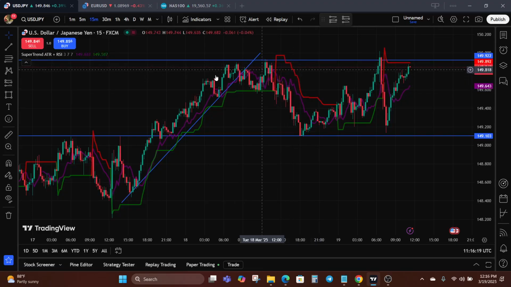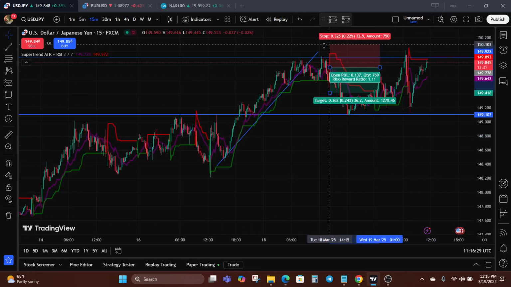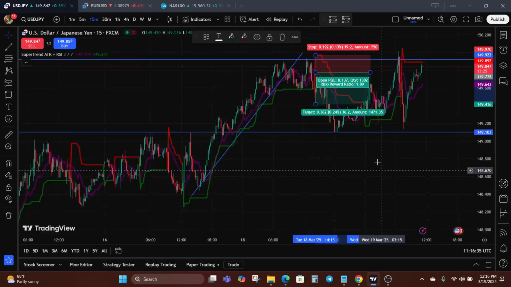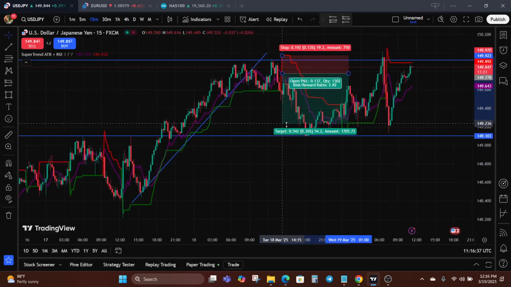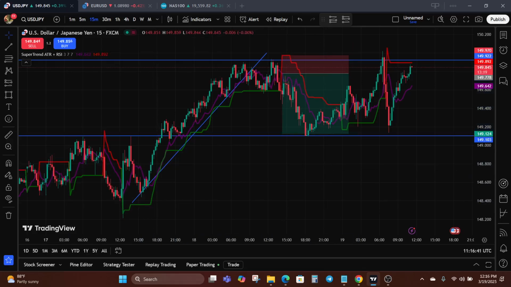So that was a good time to enter a sell trade. If you had entered a sell trade around here, your stop loss can just be above the previous swing high, of course, above that resistance zone. And then your take profit can be at the nearest support zone.